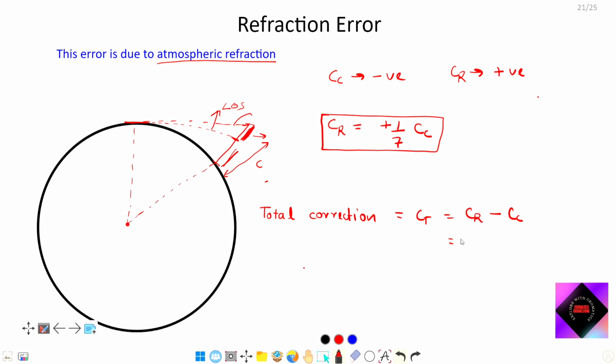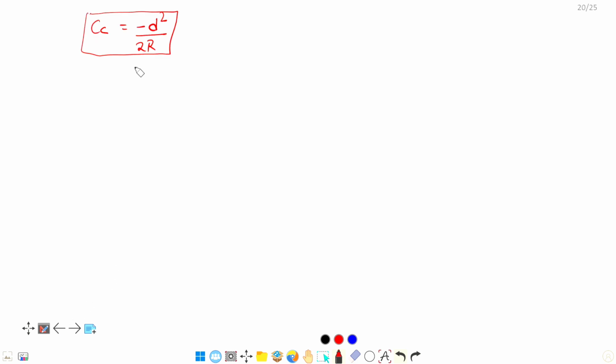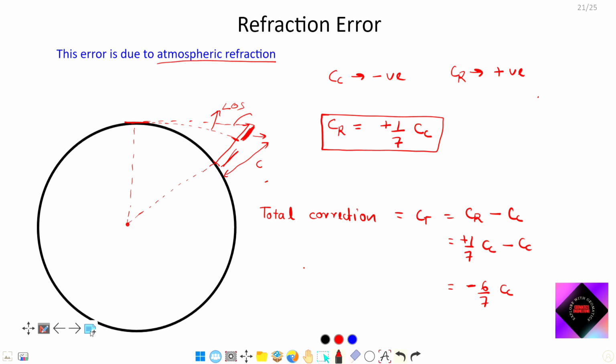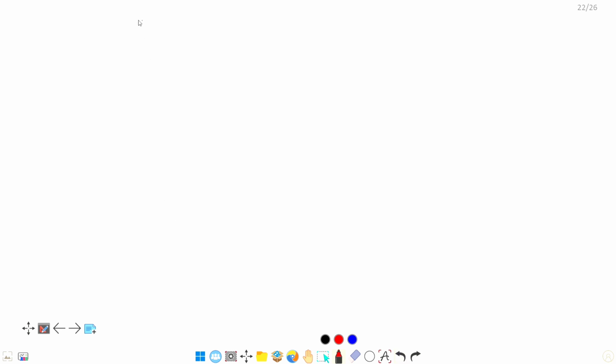Again putting the values, plus 1 upon 7 CC minus CC, it will come out to be minus 6 by 7 times CC, and we have already seen that CC is equal to minus D square upon 2R. So again let's write it down. Total correction is equal to minus 6 by 7 times CC.